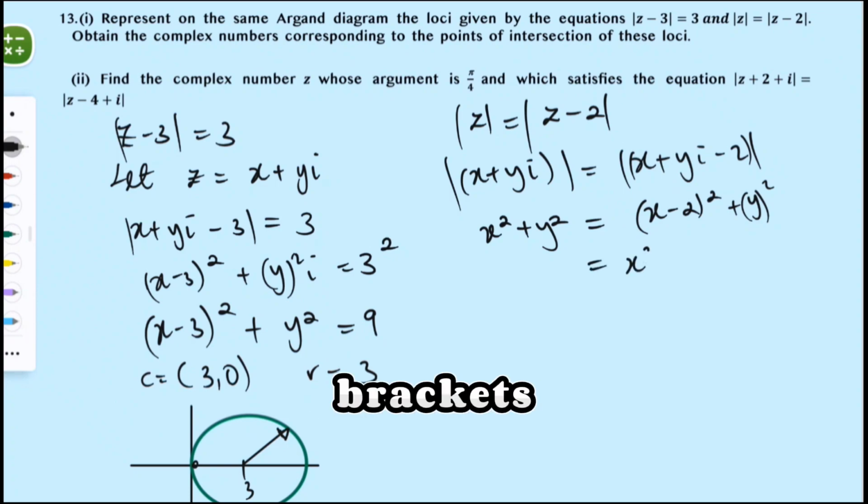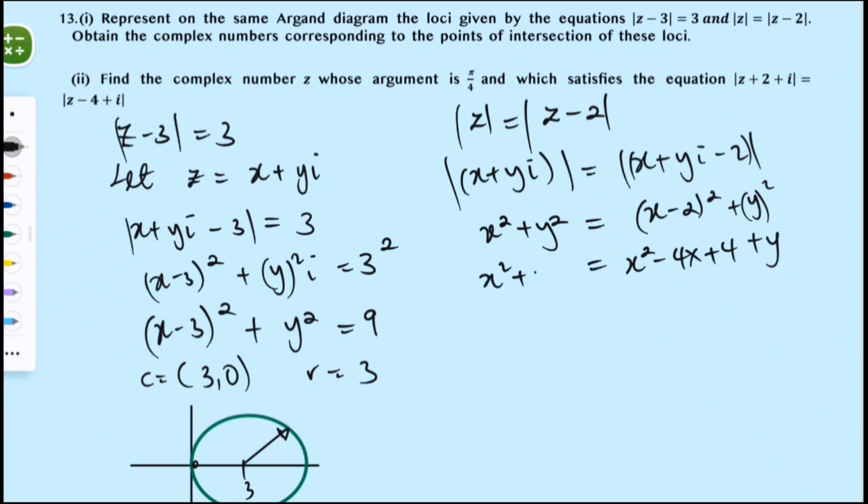Expanding these brackets: x² - 4x + 4 + y², and here we have x² + y². It's obvious that the x² cancels, and the y² also cancels out. Then we add 4x on both sides, so 4x = 4, x = 1.